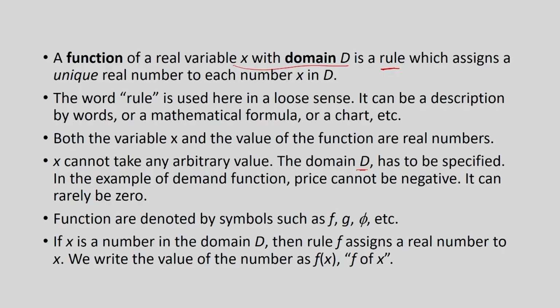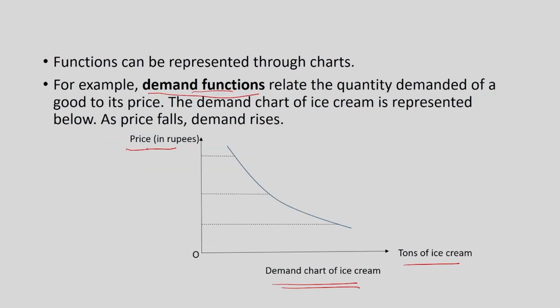In the example of demand function, the price cannot be negative, it can rarely be 0. So, if I represent this price by small p, then price has to belong to a particular domain. What is this domain?